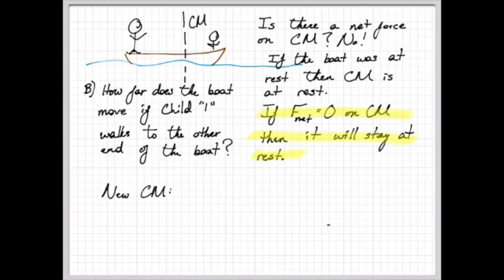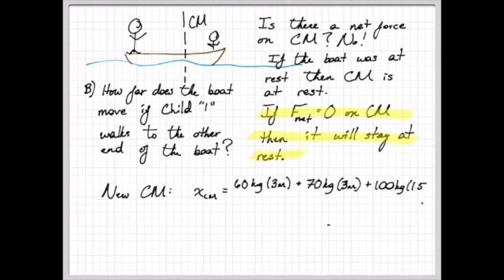Again, the mass has shifted, so where from the left end of the boat would be the new center of mass? Okay, so 60 kilograms is at 3 meters, but the 70 kilogram kid is also at 3 meters, and the boat still has its center of mass in the middle.